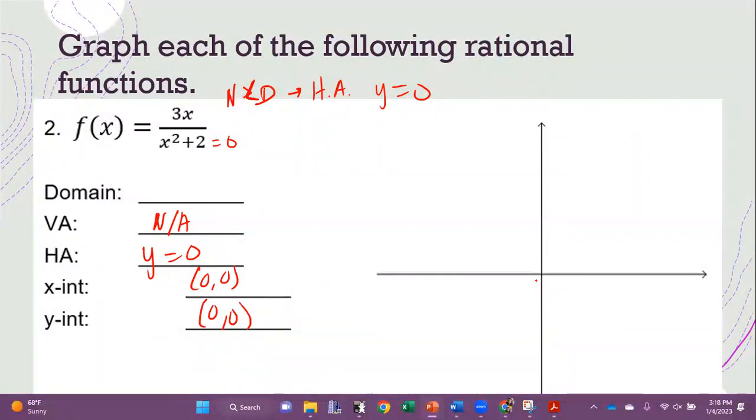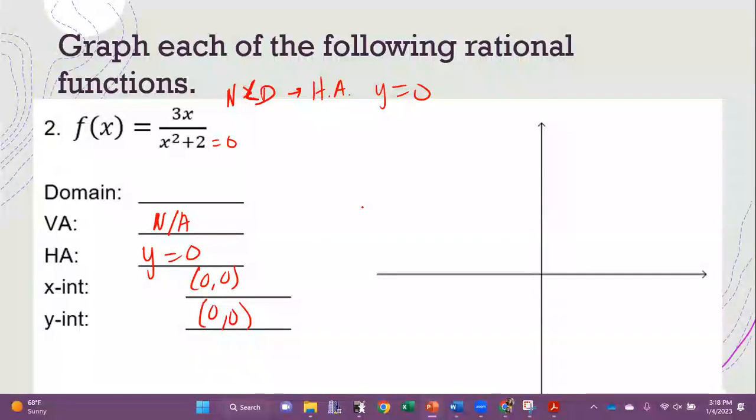This is an example of when your horizontal asymptote can be crossed. Your horizontal asymptote is not as hard a line as your vertical. There are times when the horizontal will be crossed. Horizontal can be crossed, is what I was trying to tell you.